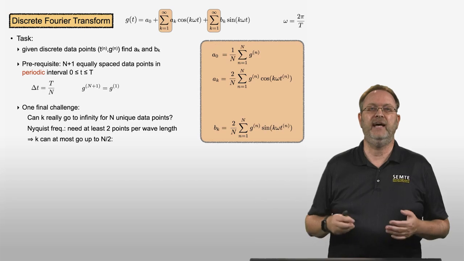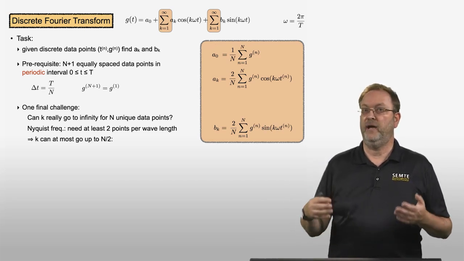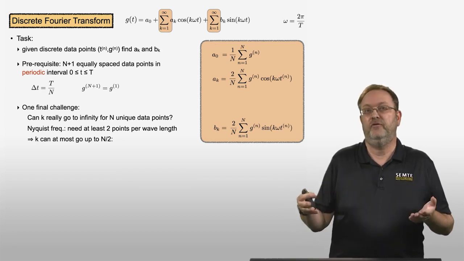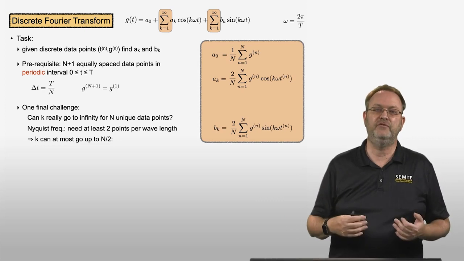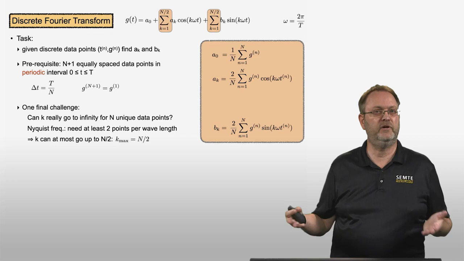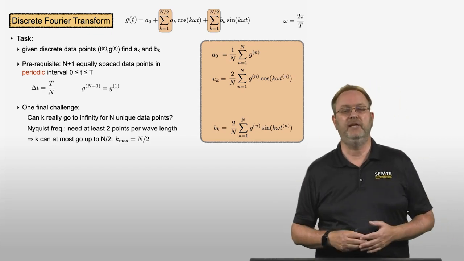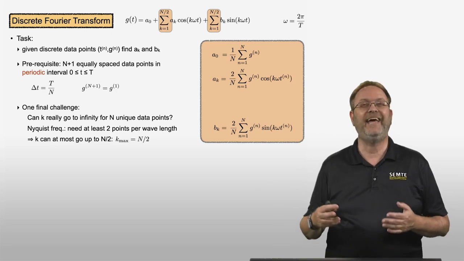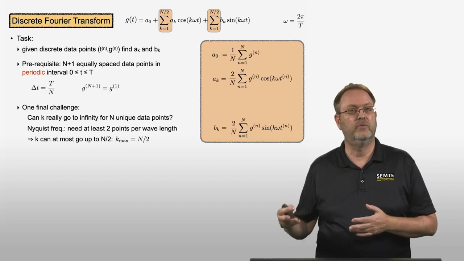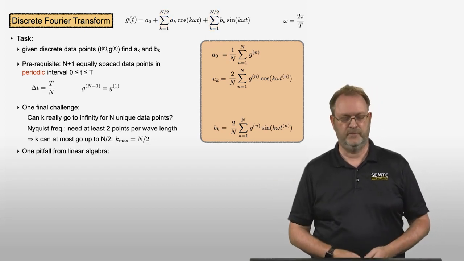That means that if we have N unique data points only, our wave number can at most go up to the number of unique data points divided by 2, because I need 2 points per wave number. So my maximum wave number, k max, is equal to N over 2. So in the sum up here, where I represent g of t, I cannot go k equal to 1 to infinity. I can only go from k equal to 1 to N over 2 for the discrete Fourier transform.